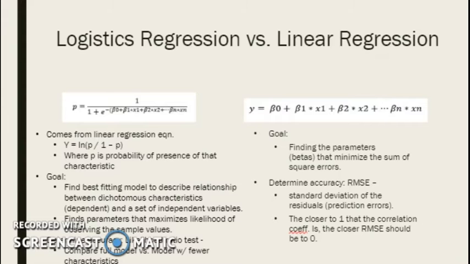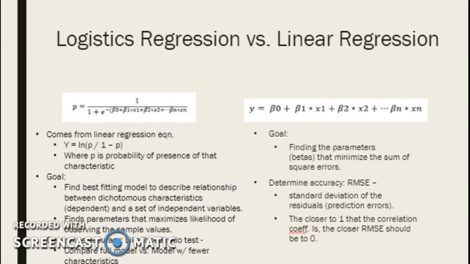As we know with most distributions, the closer to one the correlation coefficient is, the more correlated the data, the better the data. And so the closer to 1 the correlation coefficient is, the closer the root mean square error should be to 0, meaning we have fewer errors in our data and better data.